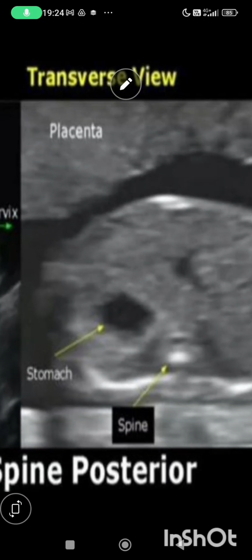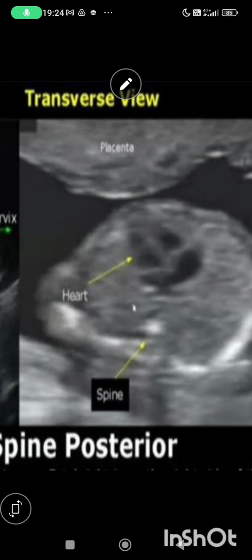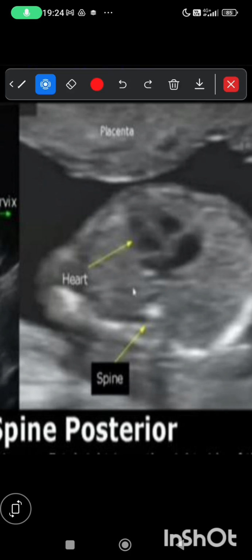Here we can see the stomach toward the left and the heart toward the same side. From the spine, you can draw an imaginary line perpendicular to the opposite side.